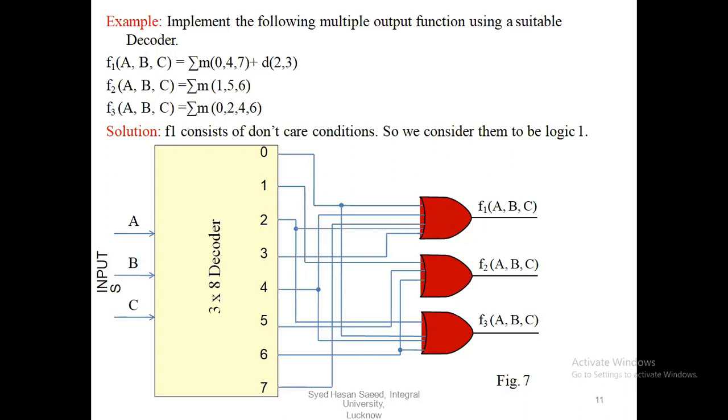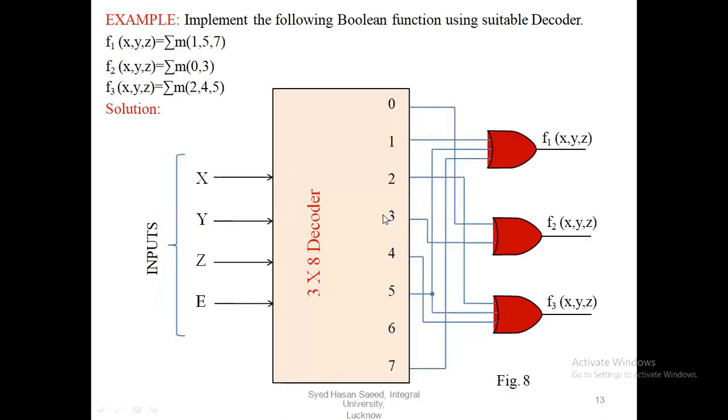So see the next example. See this. Implement the following Boolean function using a suitable decoder. Here also you have to pass how many inputs? X, Y, Z. And how many outputs will it produce? 3 inputs means obviously 8 outputs.